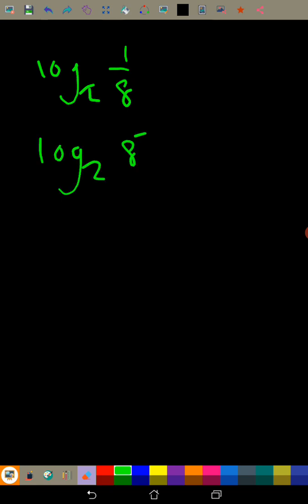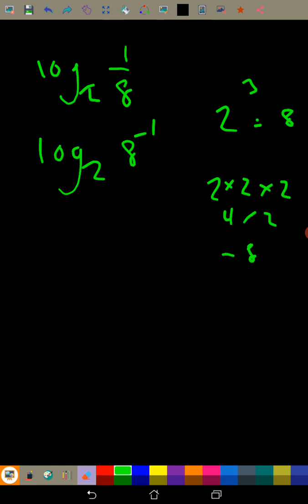And now find the value of, for example, log to the base 2 of 1 over 8. So find the value of it. So what can we do? We know certain things, like if we bring this up here, we'll get -1, right? And we know that this is 8, because 2 times 2 is 4, times 2 is 8, right?